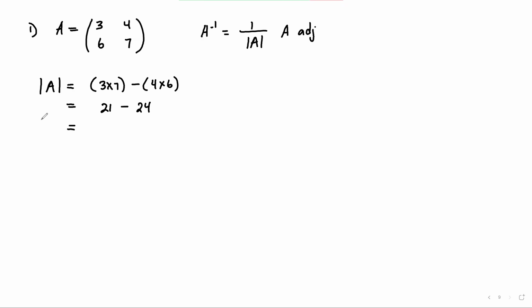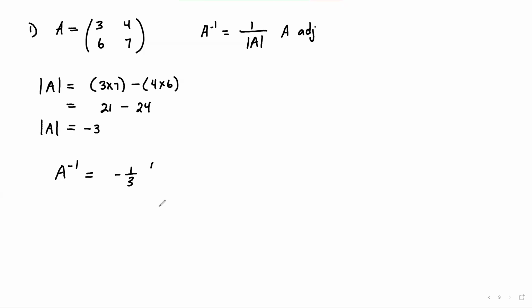So the determinant of A is -3. All right. So now let's put it together. The inverse of A will be 1 over the determinant, so that's 1 over -3, which is the same as saying -1/3.